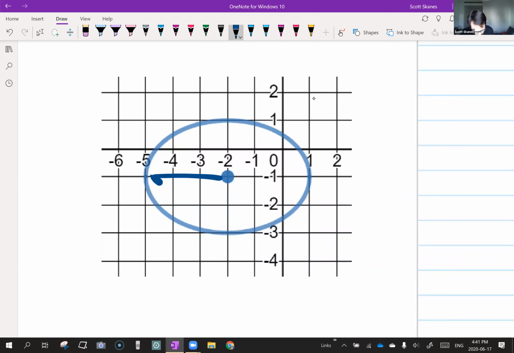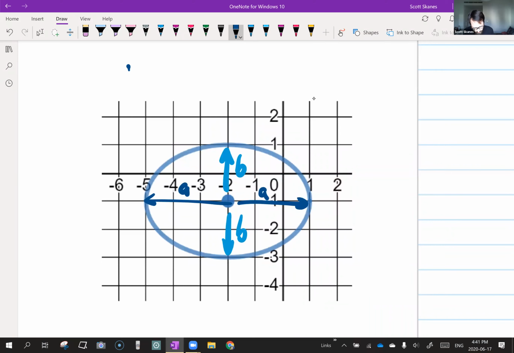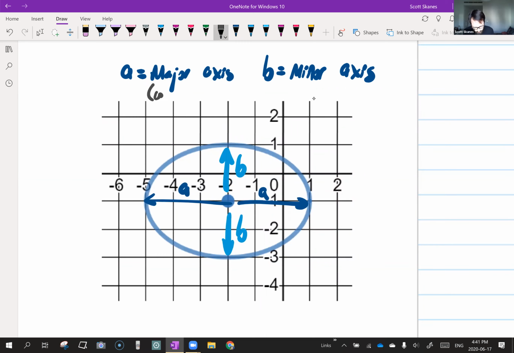The major axis, the distance here, this distance is A. That distance is also A. The vertical distance, you'll probably remember, is B. And this distance is also B. And something else you might want to remember, A in this case is going to be the major axis. B is the minor axis.